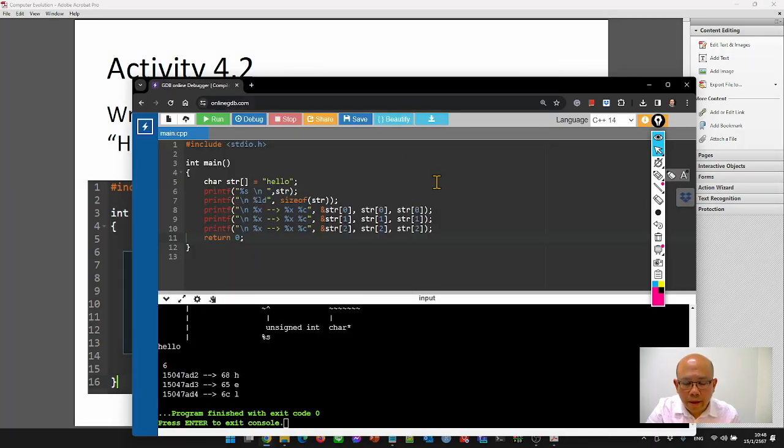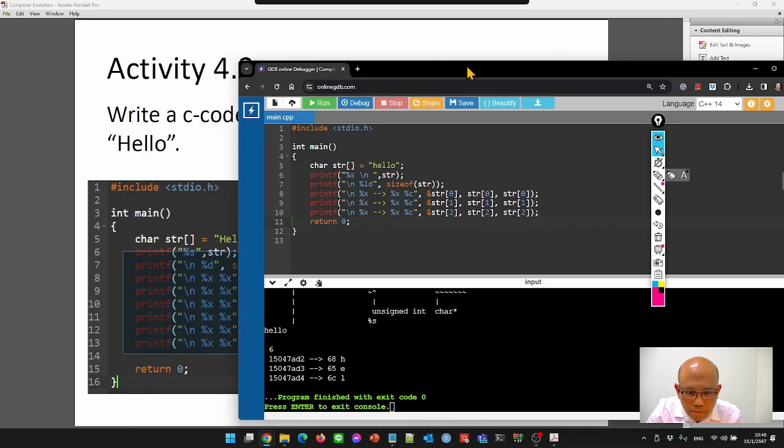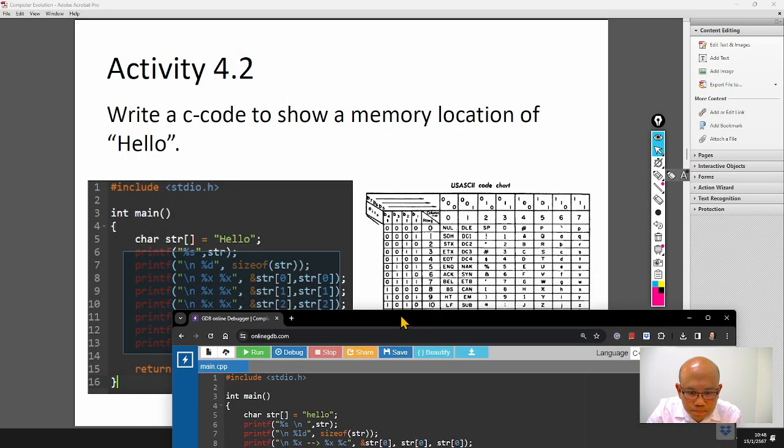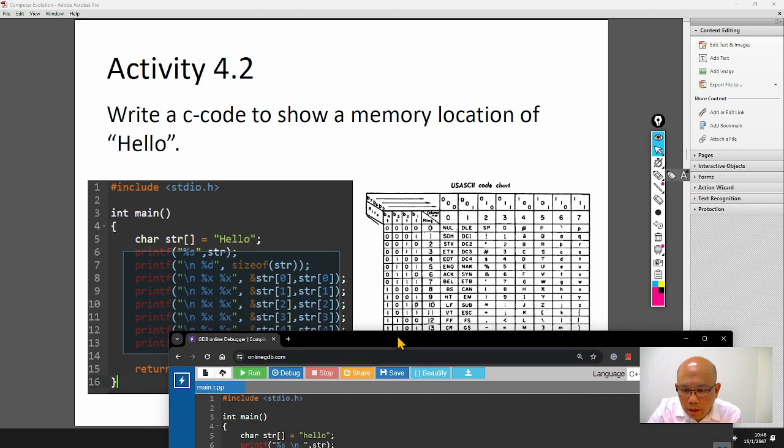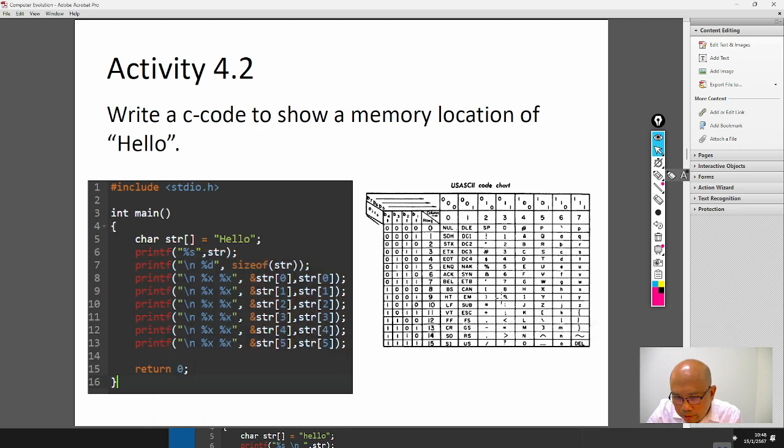Okay, now I write the code complete, and here the code I write and show only three texts: E, H, E, L, L, H. Look at this H here.